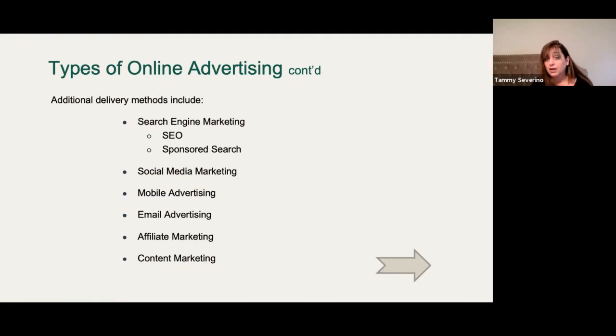And content marketing, which was the theme of a recent class where we talked about reaching those who are your target demographic through the kinds of content you are creating. So whether that is through emails, through social media, through your website, through a blog, through white papers. It's all of your valuable content that you are putting out into the marketplace.